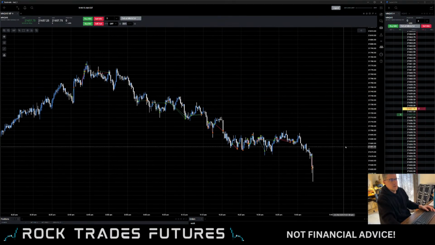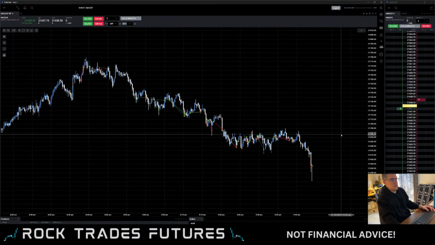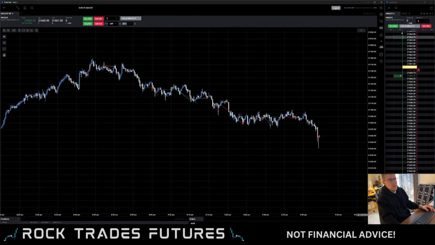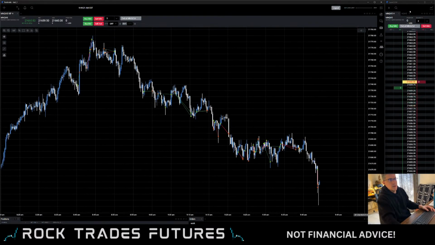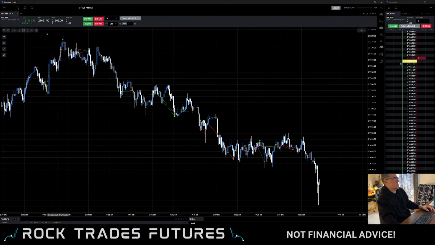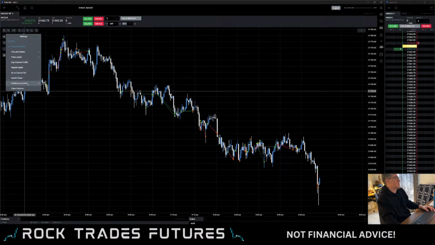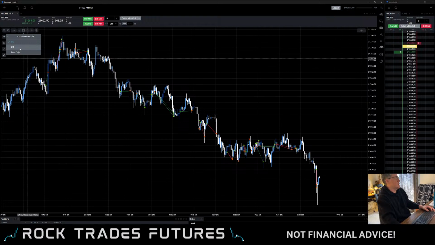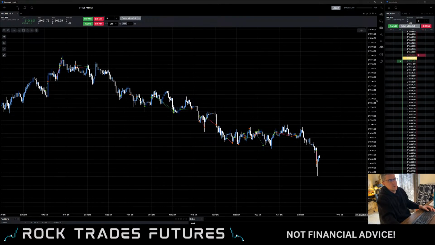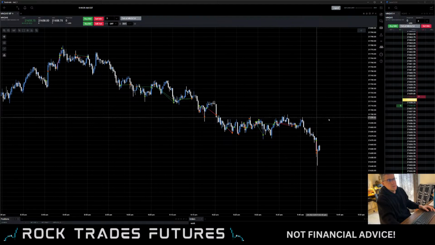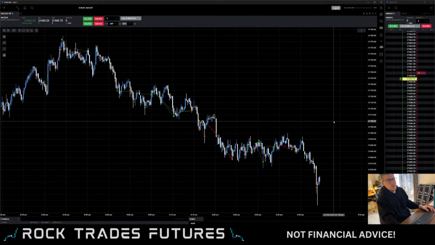Okay. If I hold shift and scroll, I can kind of see where my orders are at. Okay, but if I scroll off, it resets. Chart settings. Continuous auto fit off. Okay, that's helpful. Maybe if I double click on it, it auto fits.